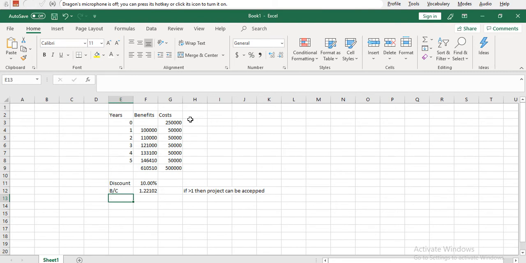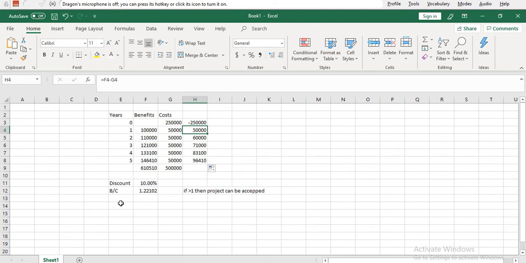At the end we need to calculate net present value, that is what we call NPV. So this is equal to benefits minus costs. Okay, so this is the formula that we apply.